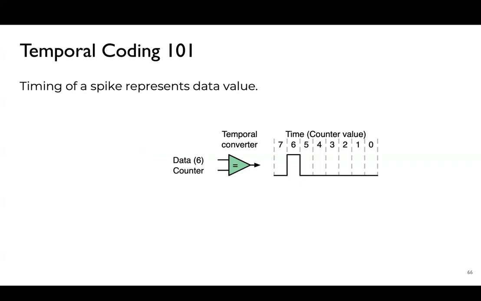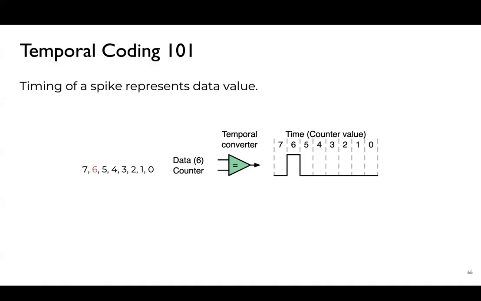And let's see how Carat works. So here's a quick intro of temporal coding that I mentioned earlier, in which the data value is represented as the delay. In this specific type of temporal coding, also called spike timing, value is encoded as the timing of the spike.